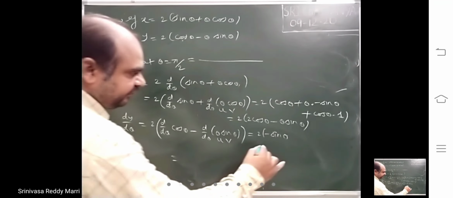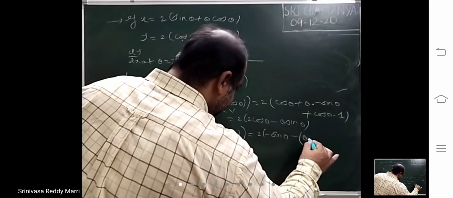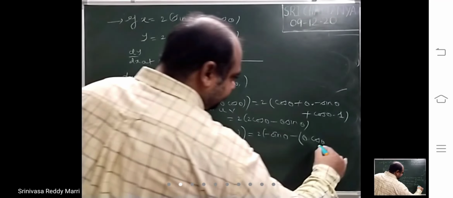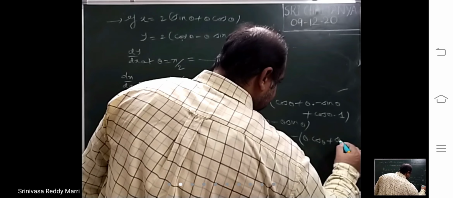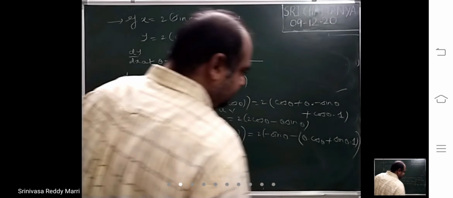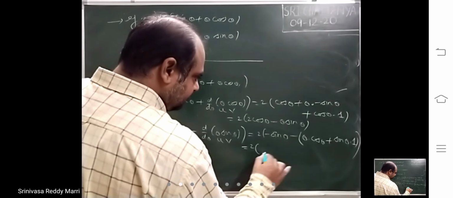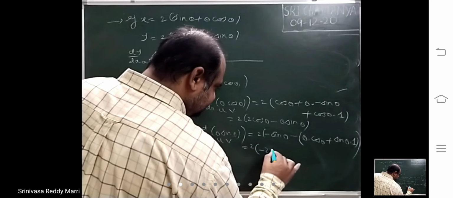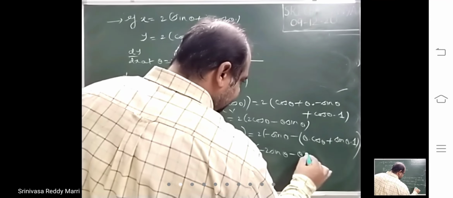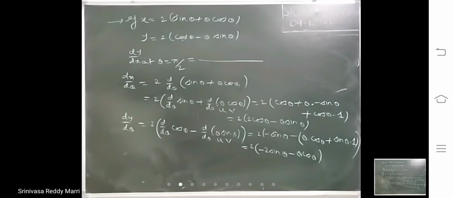Now this is uv, so theta into derivative of sin theta, that means cos theta, plus sin theta into derivative of theta, 1. So finally you will get 2 into minus 2 sin theta minus theta cos theta, that is dy by d theta.